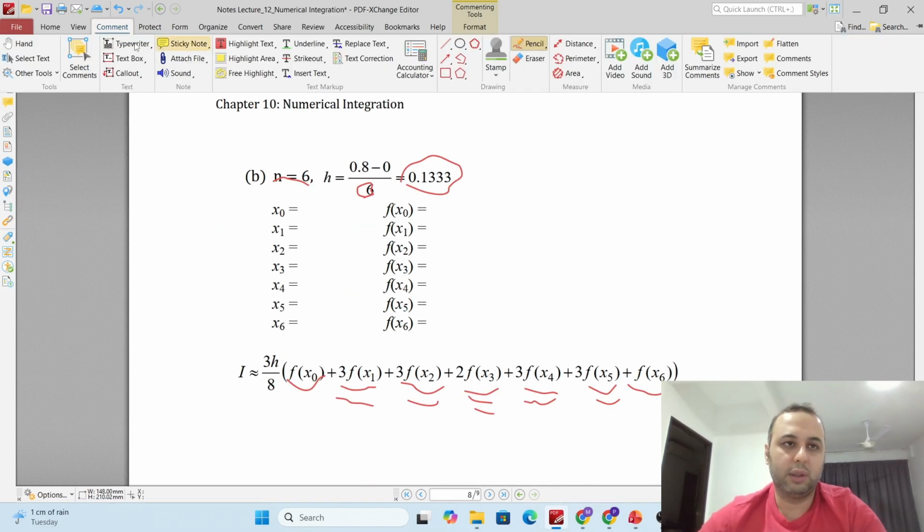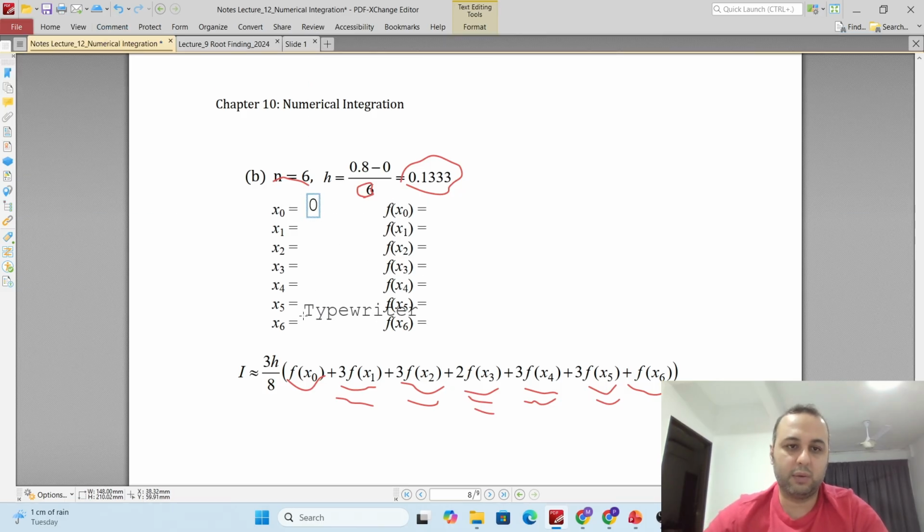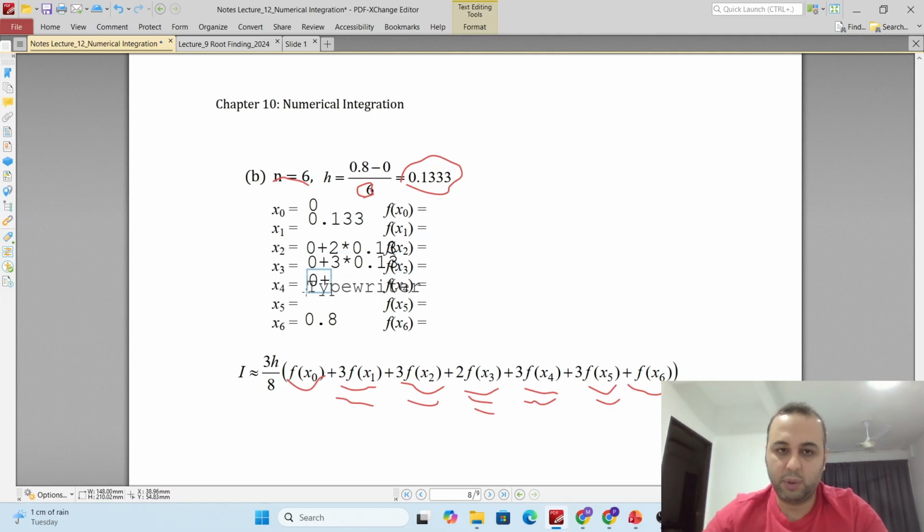Here also is the same, 0, 0.28, right? So second one will be 0.133. Okay, first one will be 0 plus 2 times 0.13, right? 3 times 0.13, 0 plus 4 times 0.13, 0 plus 5 times 0.13.